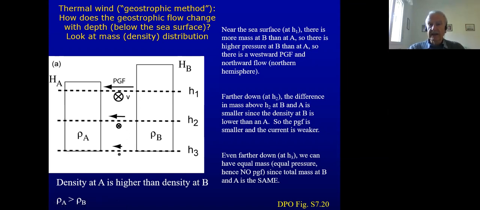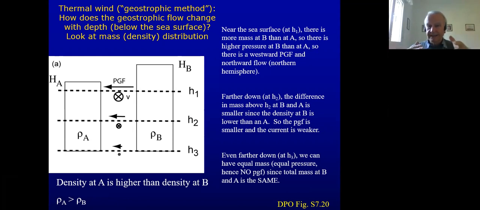Only if rho A and rho B are different between the two water columns will there be vertical shear.